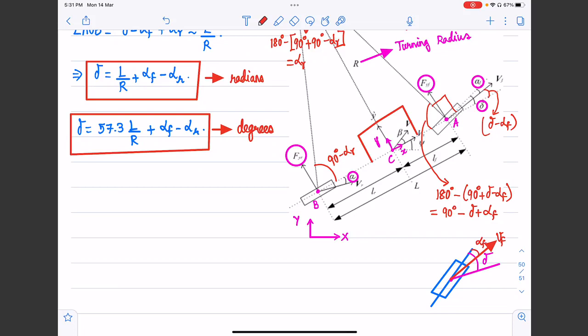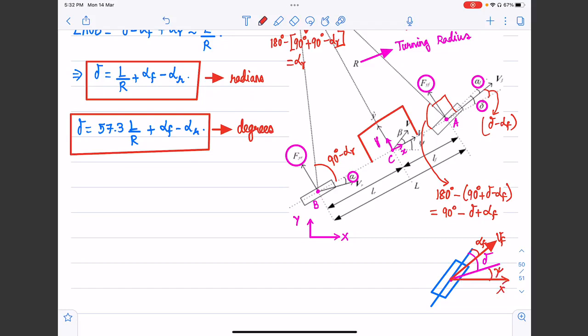So slip angle is the angle made by the local velocity vector with the central wheel plane. And what is the heading of the vehicle? The heading of the vehicle is this angle. Let's say this is the global x-axis; it is the angle between the pink line and the global x-axis. I hope now things are clear.